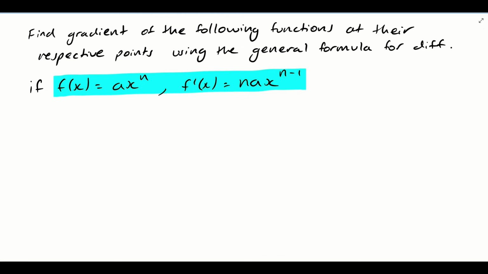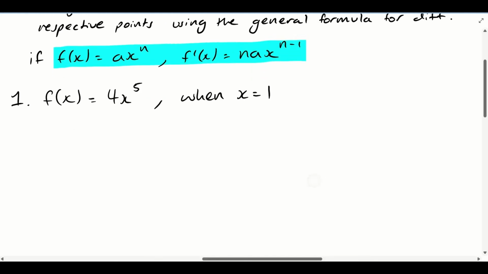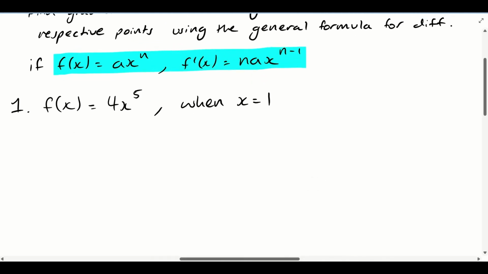That's our formula, and we got that in the last video by looking at our observations. Now, let's come up with a few examples. For number 1, we're going to say that f of x is equal to 4x to the 5, and we're going to find the gradient when x is equal to 1. So, what would the derivative of f of x be?